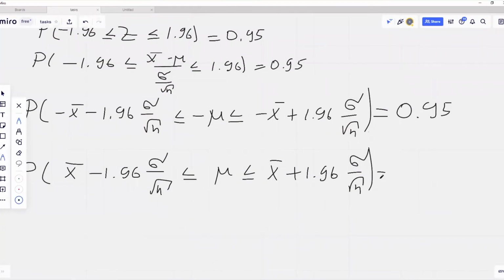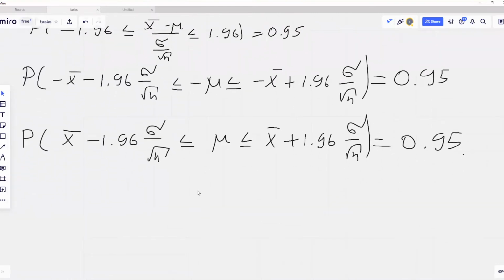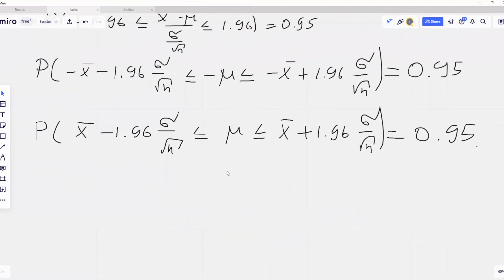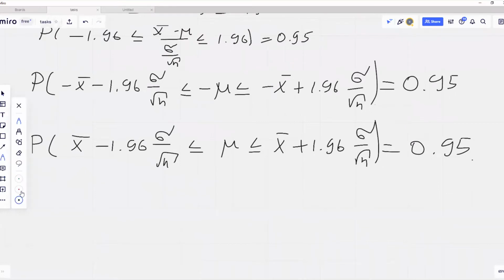So that probability is equal to 0.95. So here we built our confidence interval. The population mean is unknown, and we are giving the probability that it lies in the following interval as 95%.